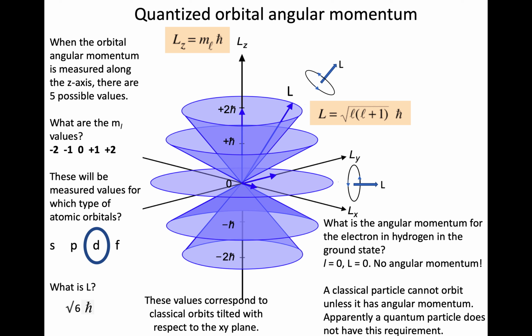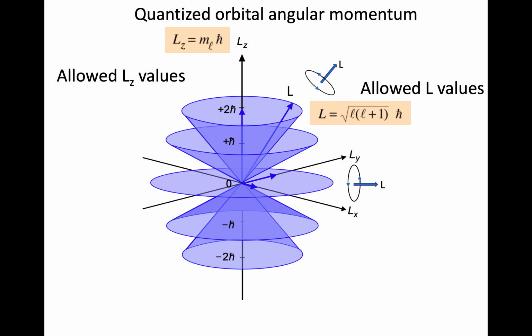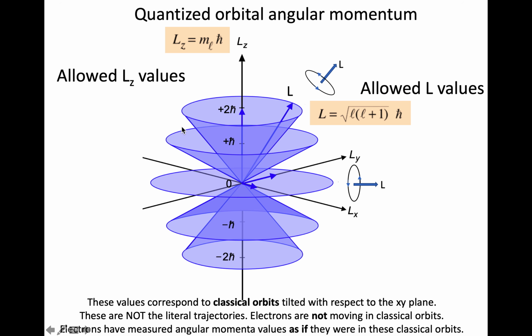It comes back to this discussion of analogy. This depiction right here, these would be the values that would correspond to classical orbits for a particle that's rotating with respect to the xy plane. What we're saying, though, is that an electron is not a classical particle. These would correspond to and explain the property that we can measure, but that's not the same explanation that we need when we're thinking about a quantum mechanical particle. We have allowed values. Those are what we could potentially measure.